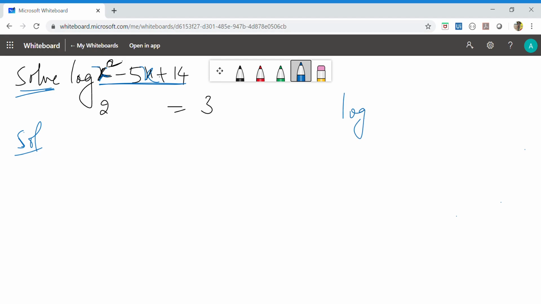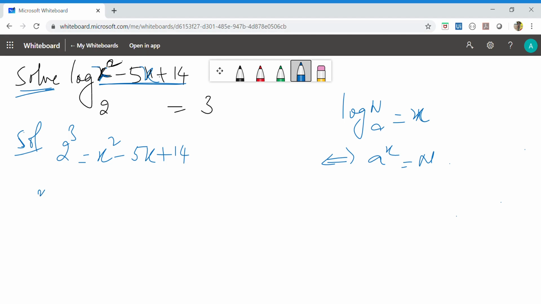Log n to the base a is equal to x if and only if a to the power of x is equal to n. In the same way, 2 to the power of 3 is equal to x square minus 5x plus 14. And then x square minus 5x plus 14 is equal to 8.